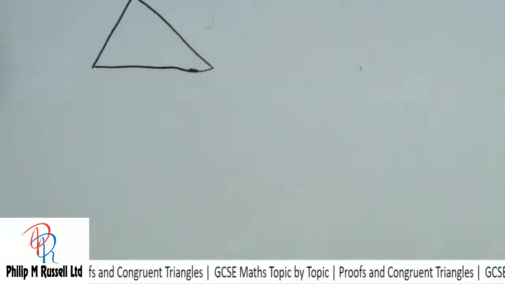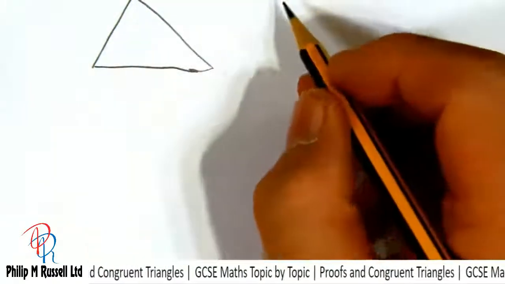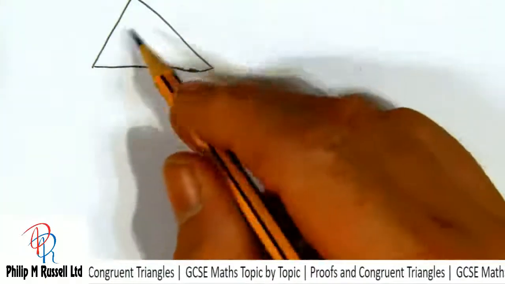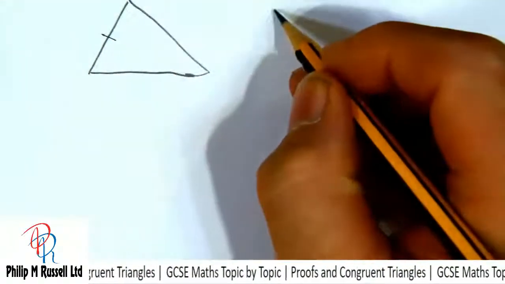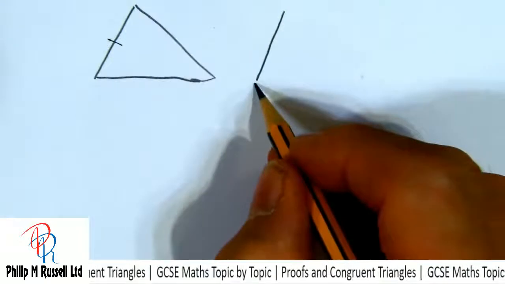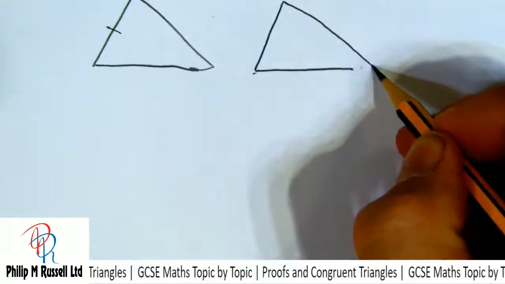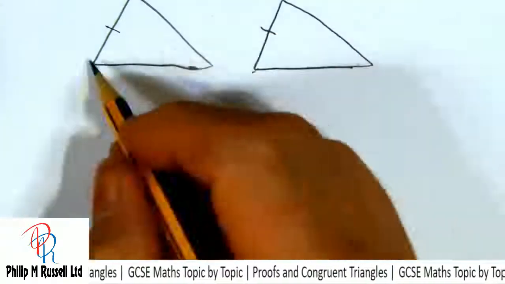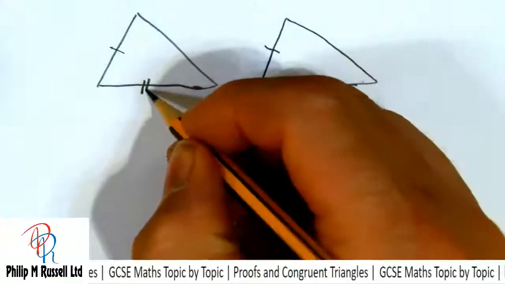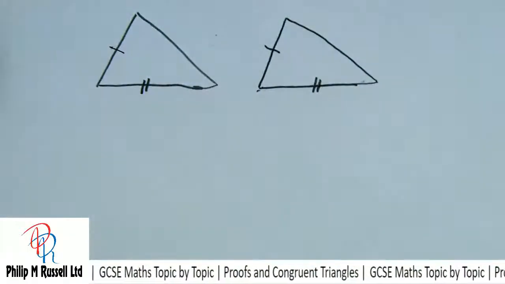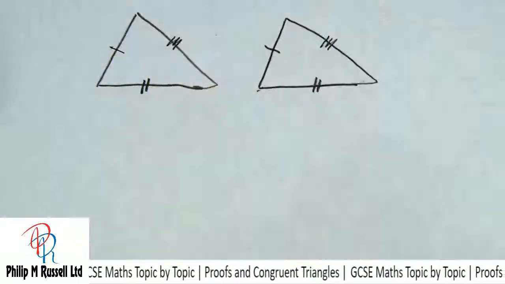Now, what I've got is several ways of proving these triangles are identical. The first one is if I've got two triangles and we can somehow prove that these two sides are the same, and we can prove that these two sides are the same, and then that these two sides are the same.